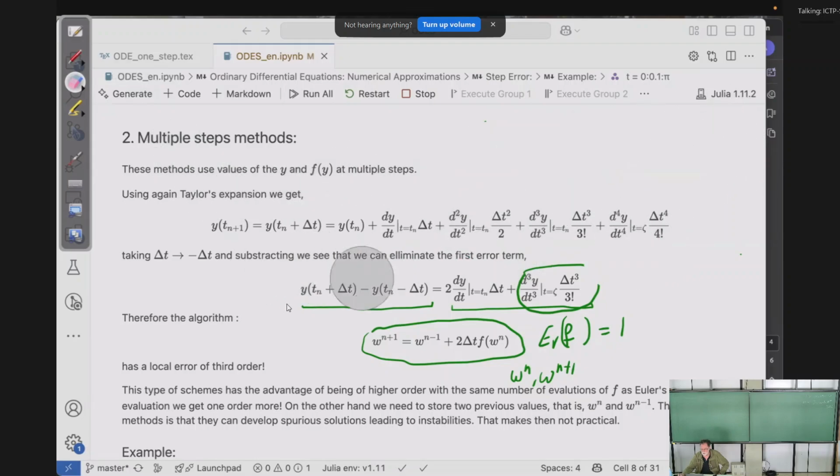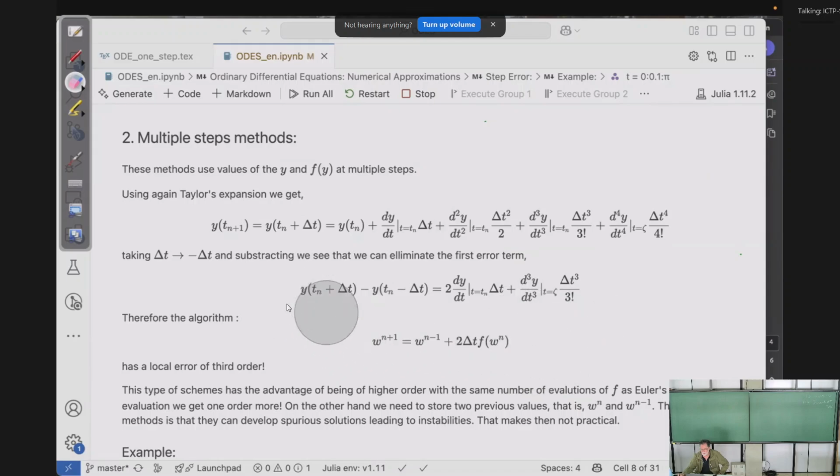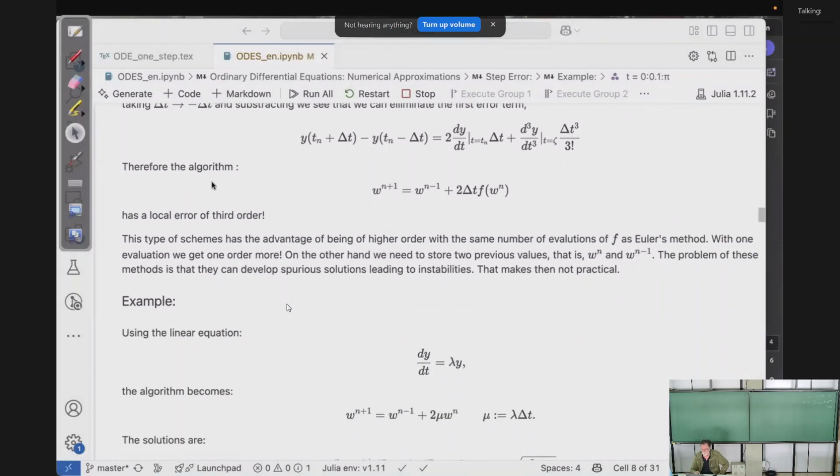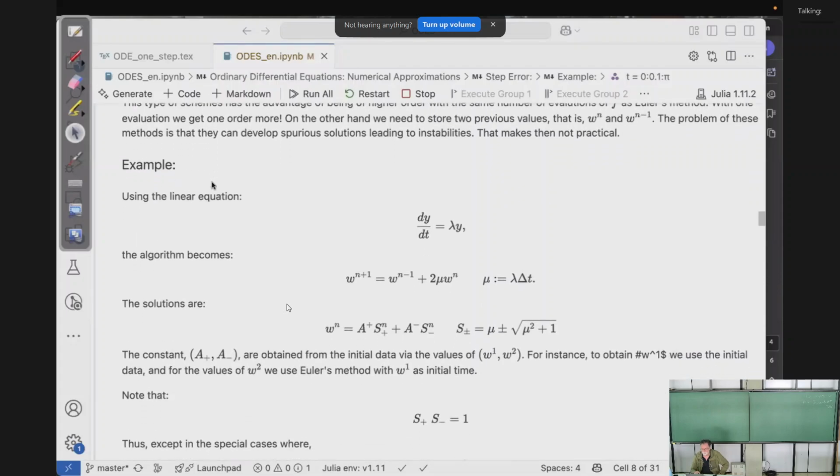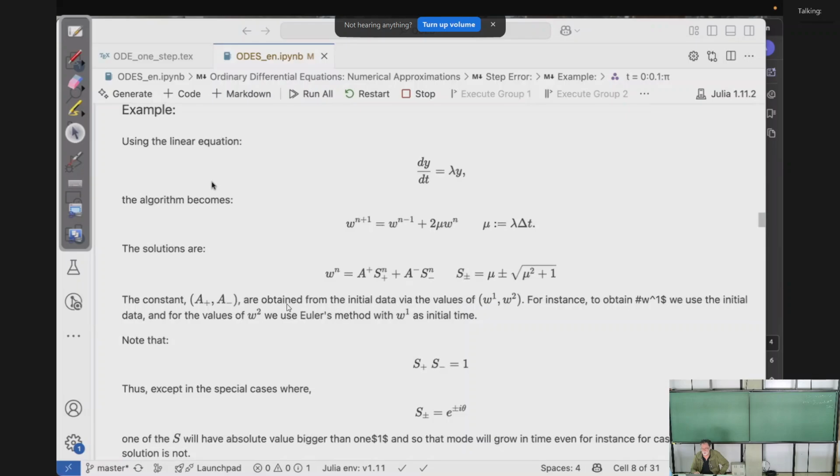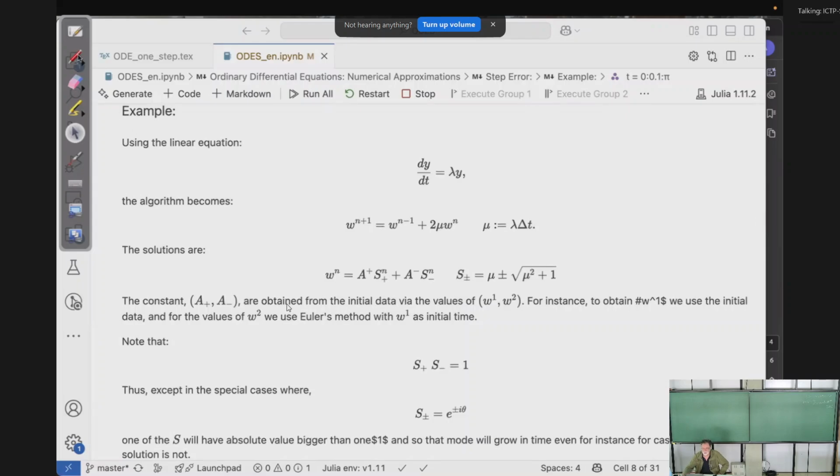So let me show you in the example what is wrong with these methods. If we use the linear equation, we get this scheme where mu is 2 lambda delta t, and this scheme has 2 solutions.